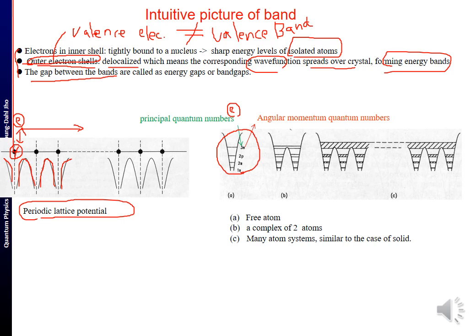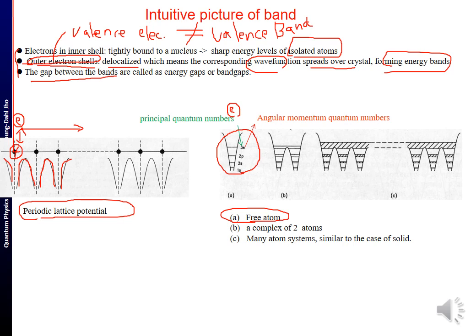Then there are sharp energy levels as shown here: 1s, 2s, 2p, 3s. In the case of a free atom, it means there is no other atom.